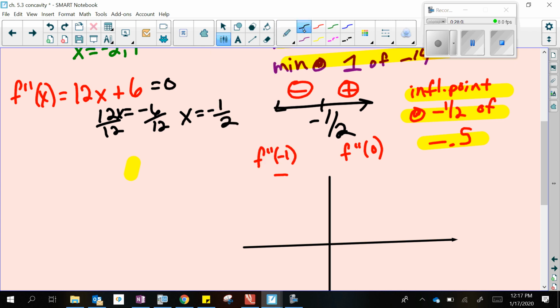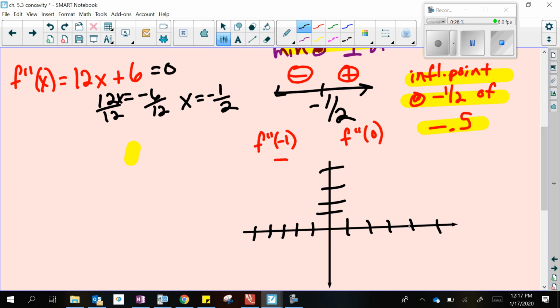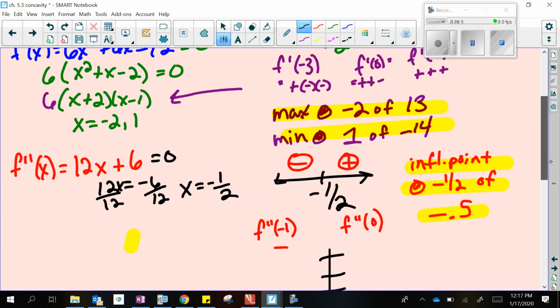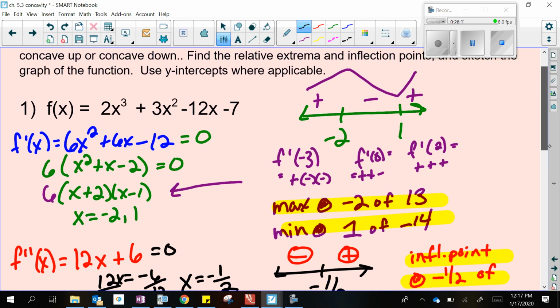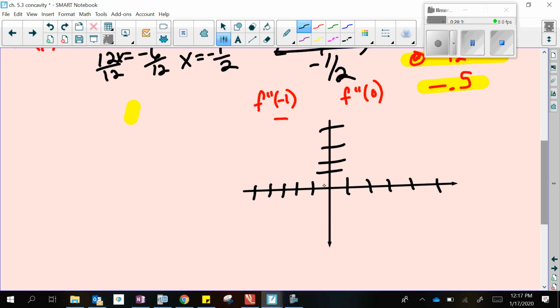Let me give some numbers here. We need a y-axis of 13 and negative 14, so we'll just make those up a little bit. So I get an inflection point at (-1/2, -1/2), which would be right in between negative 1 and negative 1.